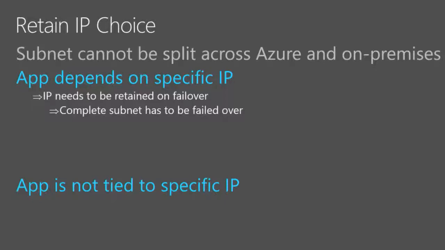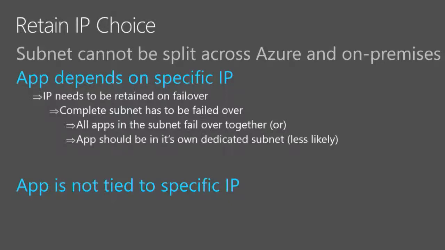You cannot split the subnet, which means that all apps have to be in the same subnet, or the app is its own subnet. That's very unlikely. Most likely apps will share a subnet. So an app that is dependent on the IP will have these constraints around it.